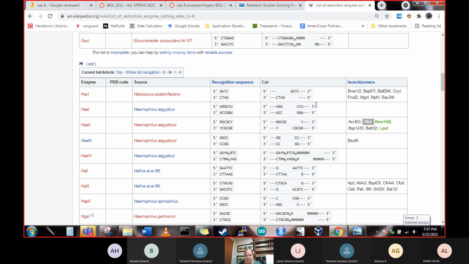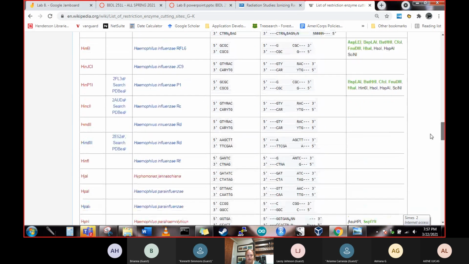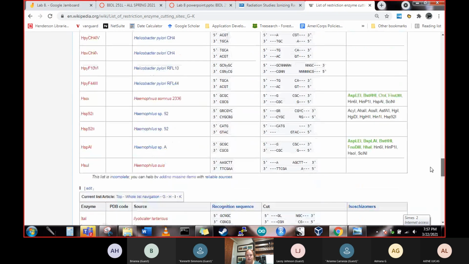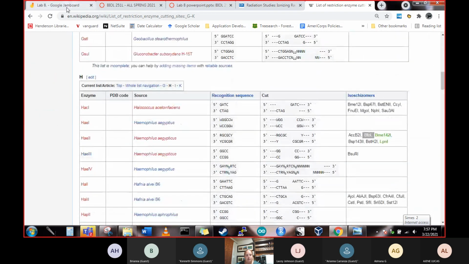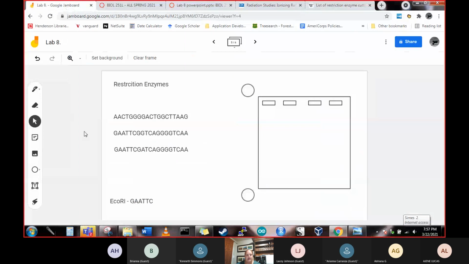So what exactly is a restriction enzyme, now that you know that there are tons and tons of them? These are all the H's. There are so many restriction enzymes out in the world, so obviously it's a pretty important system if there are a lot of them. Restriction enzymes are basically what is used to cut DNA.